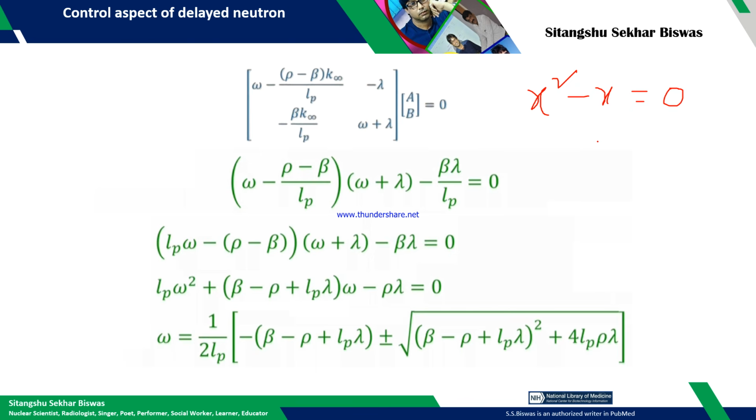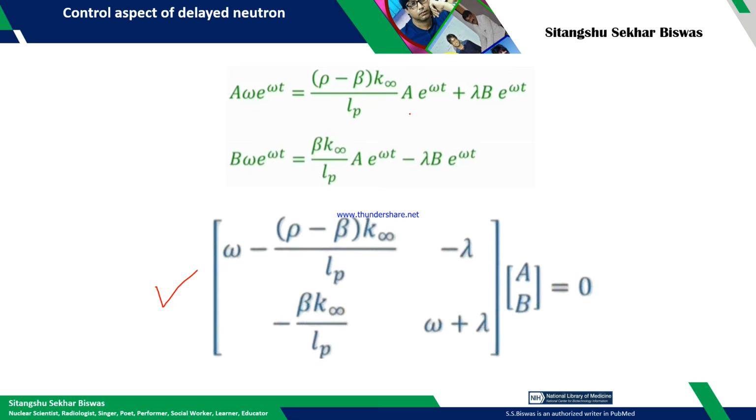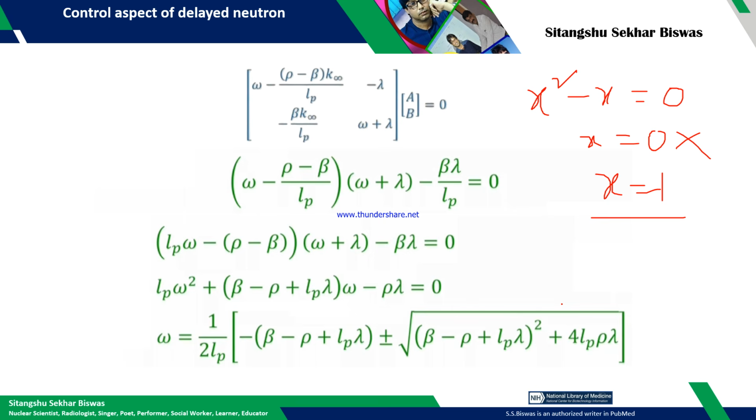Here x equal to 0 is one solution satisfying this equation, but we are not considering this kind of solution. x equal to 1 is also a solution, a non-zero solution. So for the non-zero solution of the earlier set of equations, the necessary condition is that the determinant should be 0. Determinant means this into this minus this into this, so it is like this.